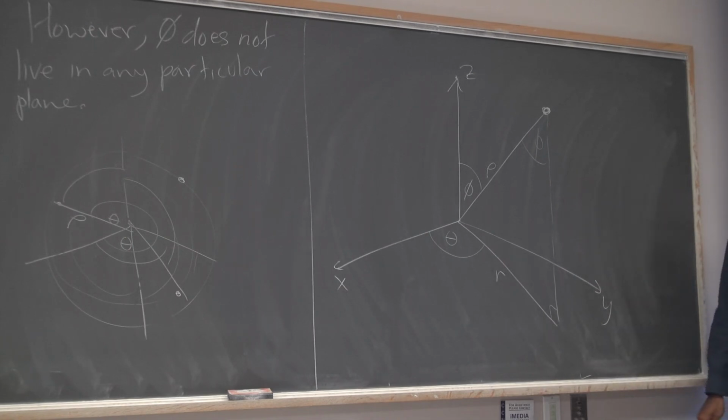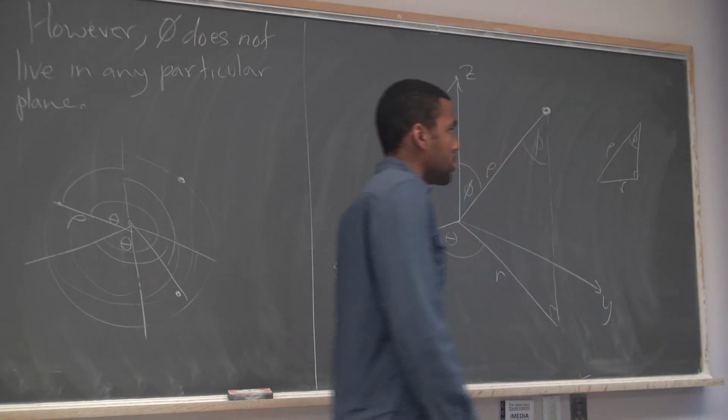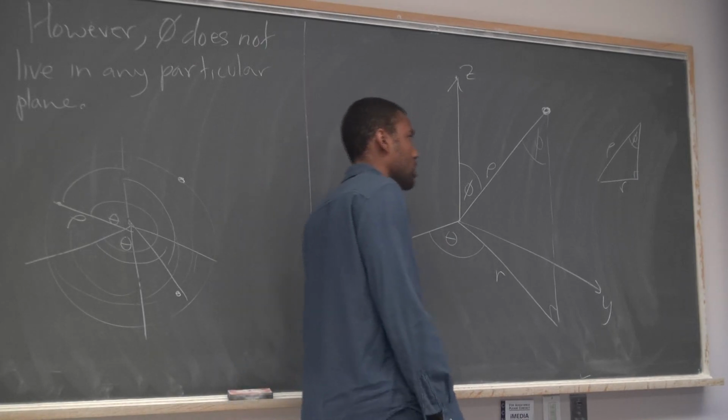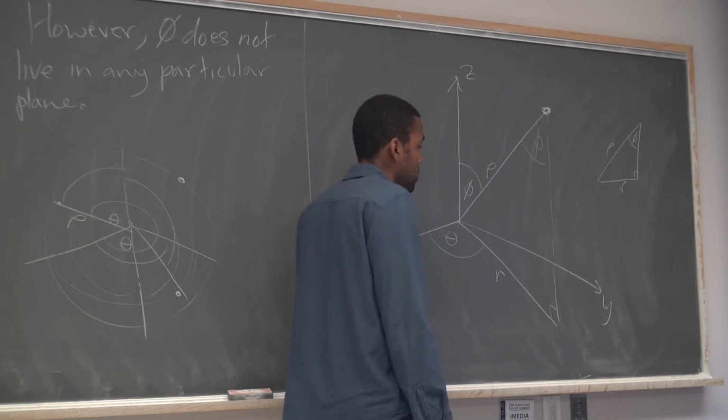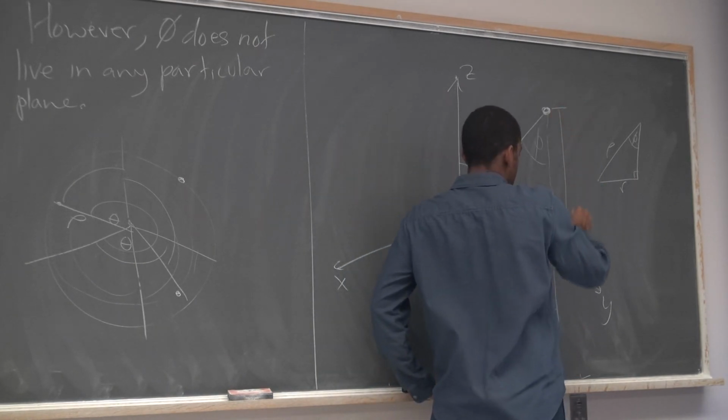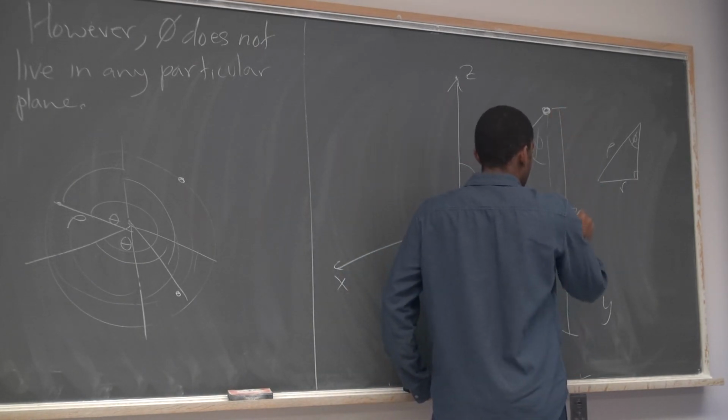Okay, so if we're in a right triangle, this is rho, that's phi, this is r, this is phi. How could I describe, say, rho or phi or one of these? For example, how would I describe the z coordinate?